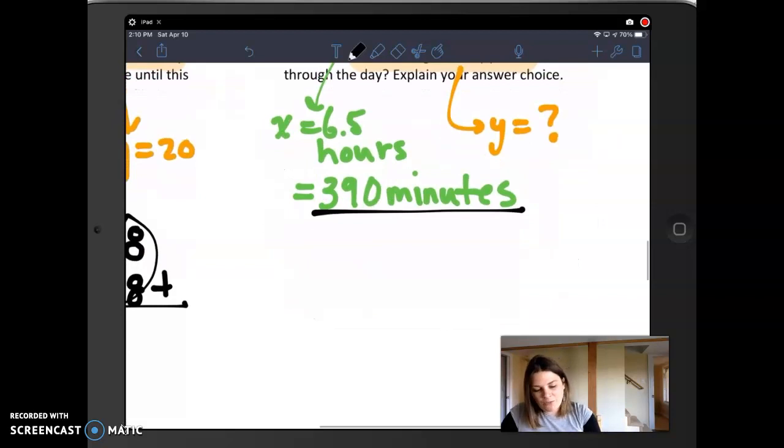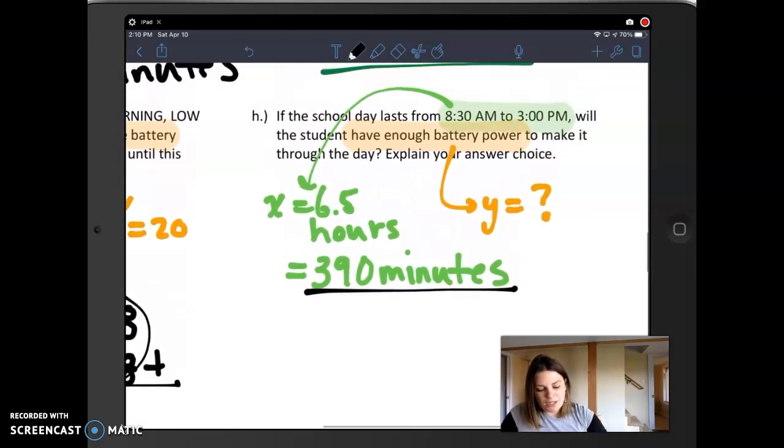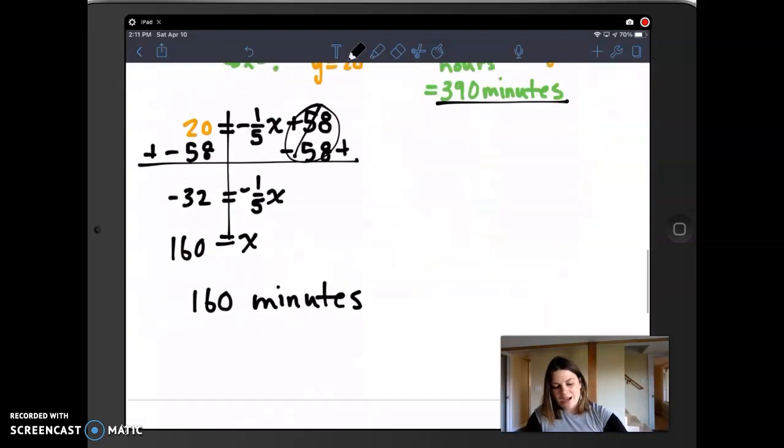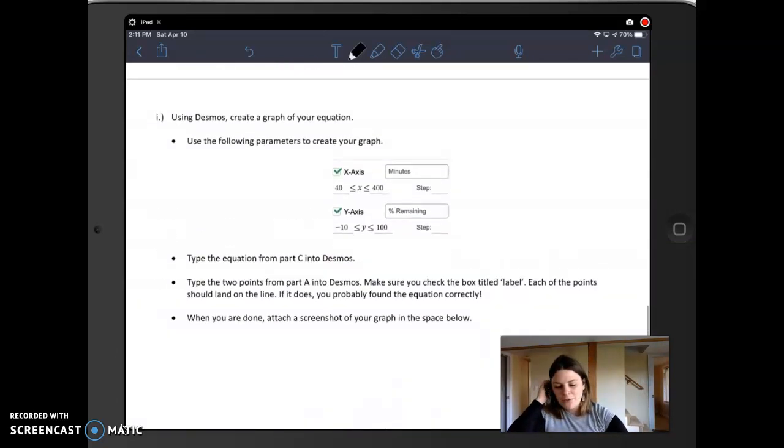However, if you were kind of feeling silly and you wanted to plug in 390 into the equation, you would get a negative y value, which means that you have negative battery, which isn't possible because your phone turns off at 0.